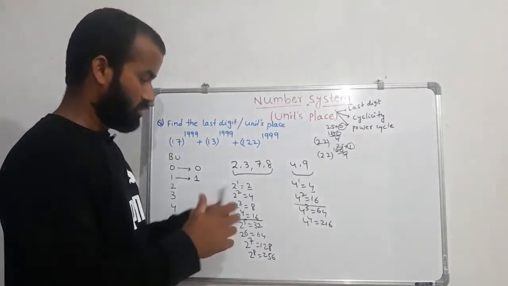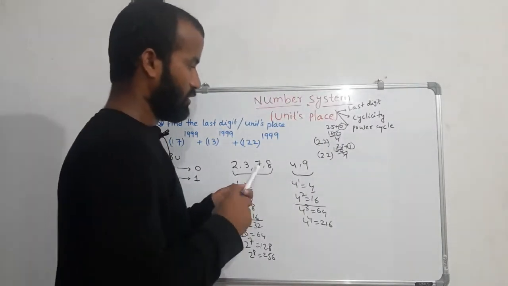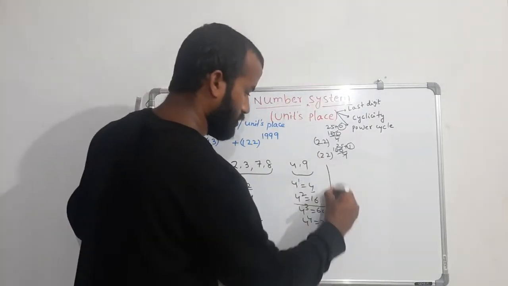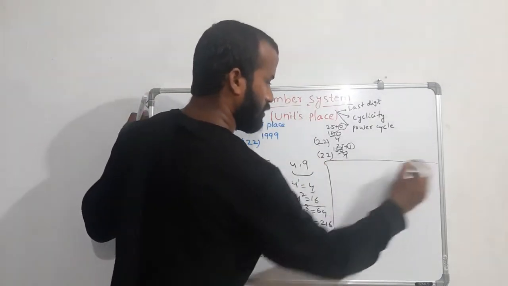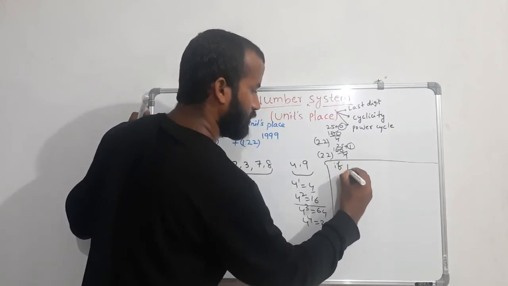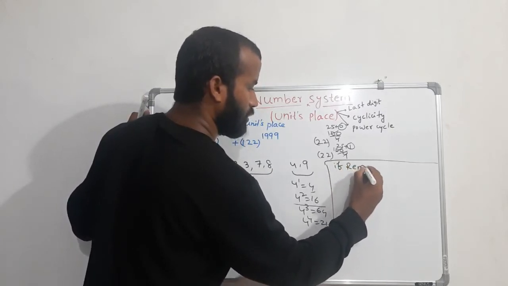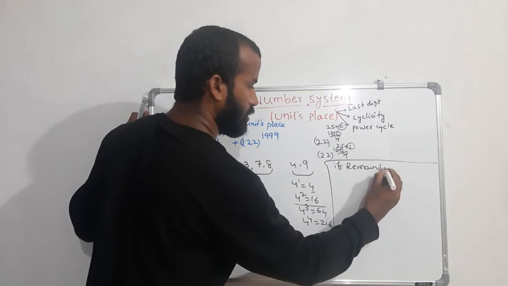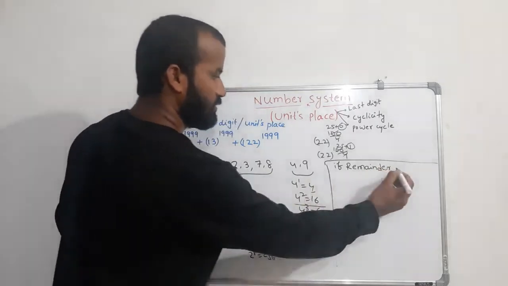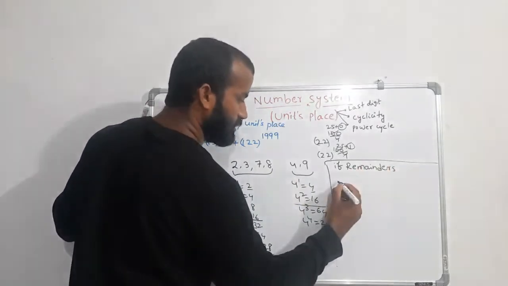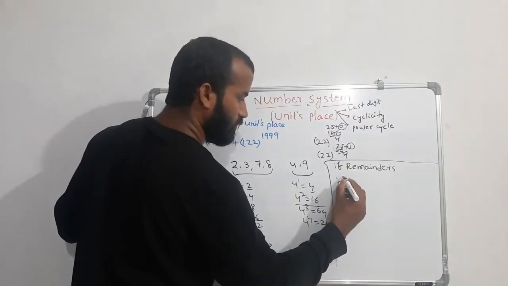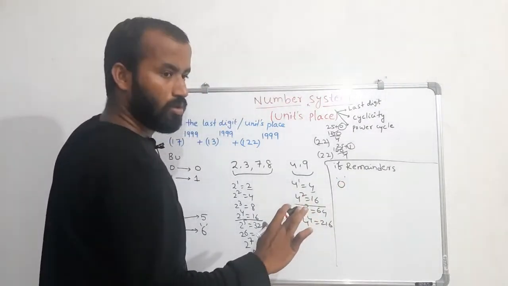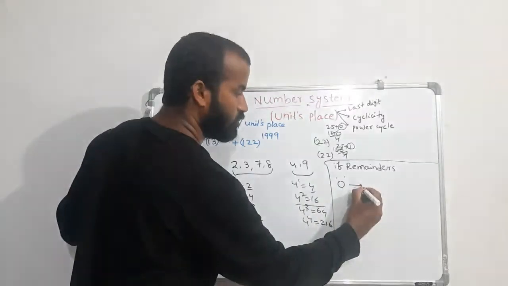Now see, if the remainder is 0, you have to take the base unit.